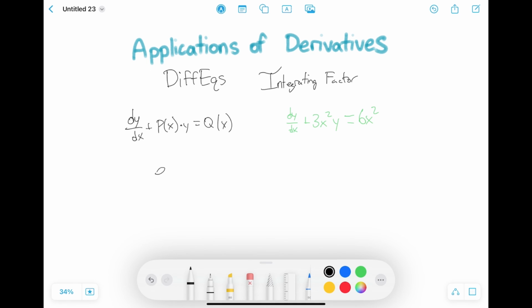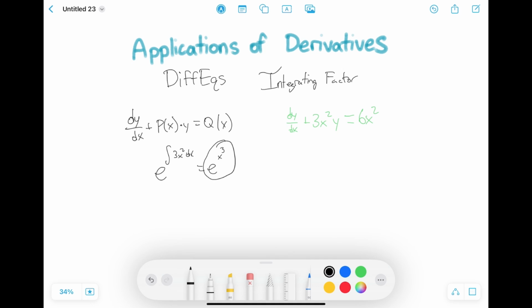And we're going to calculate e to the integral of 3x squared. And this would be equal to e to the x cubed. You'd have a plus c here, but we can actually just set that plus c equal to 0. There is a reason behind that, which again just comes from Googling how the proof works. And basically, this c will eventually get canceled out anyways.